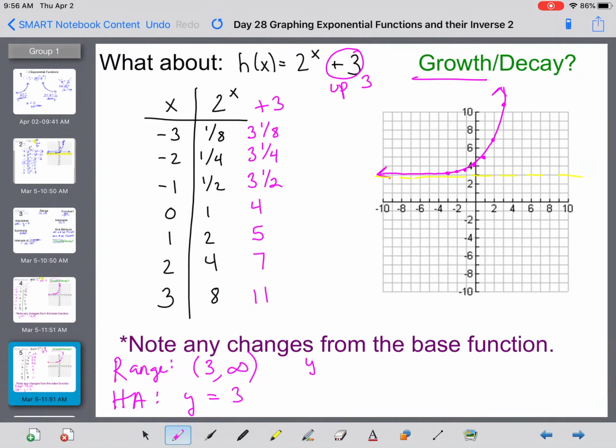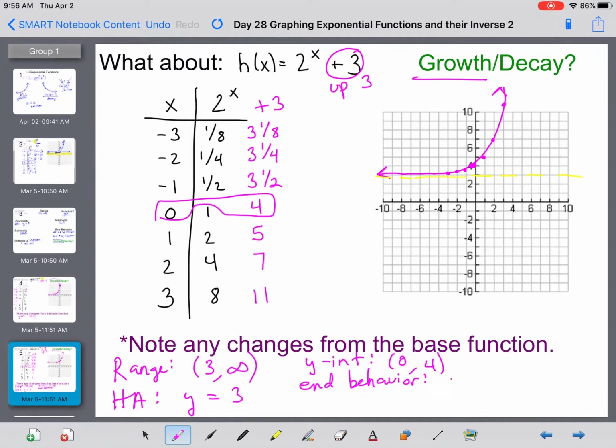My y-intercept has changed. My y-intercept, either looking at my graph, I can look at my table here. My new y-intercept is now at the point 0, 4. And that also means my end behavior has changed.